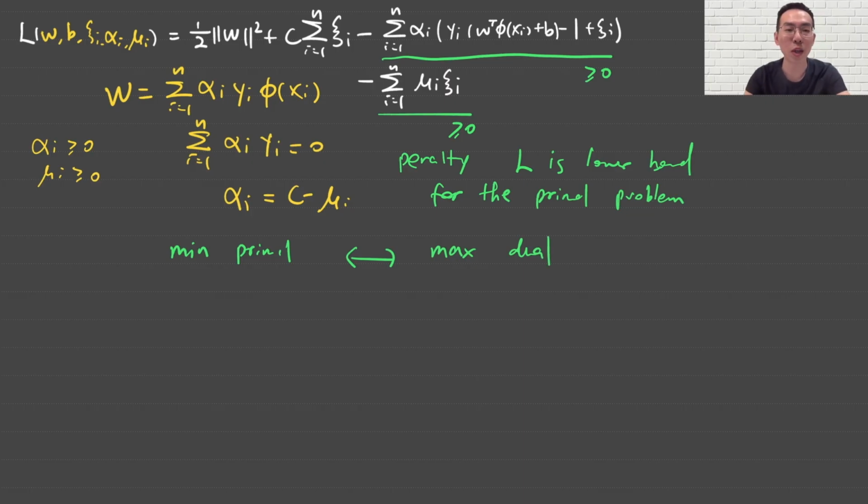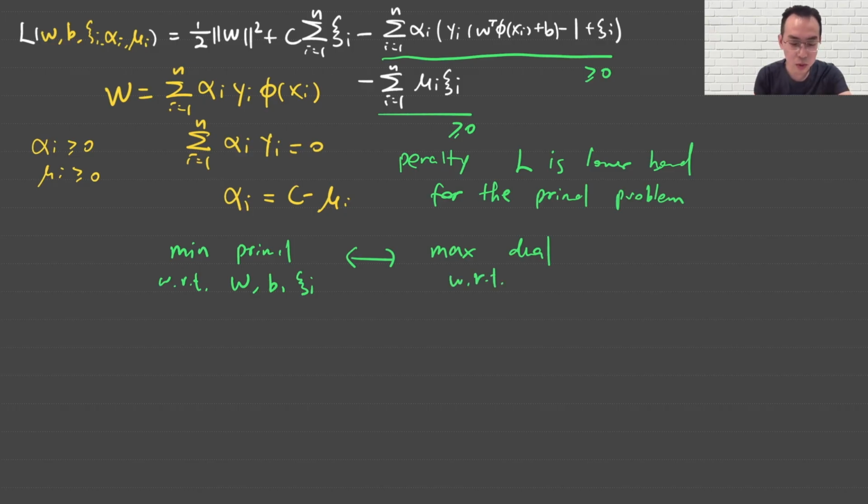But here, we can just accept this as a fact, right? So remember that our primal problem is with respect to the parameters W, B, and chi I, right? The dual problem is defined with respect to the multiplier terms, right? Alpha I and mu I, right?